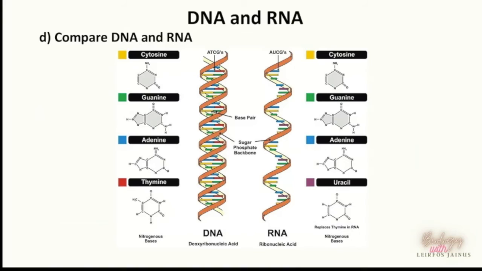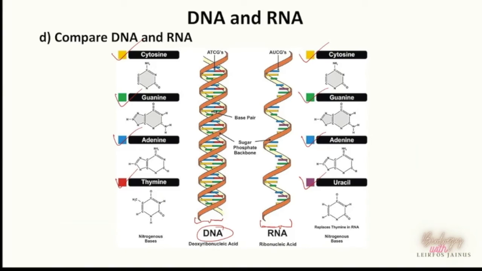Compare between DNA and RNA. DNA basically consists of double-stranded, while RNA is single-stranded. The nitrogenous bases for DNA consist of cytosine, guanine, adenine, and thymine, while for RNA, the nitrogenous bases consist of cytosine, guanine, adenine, and uracil.